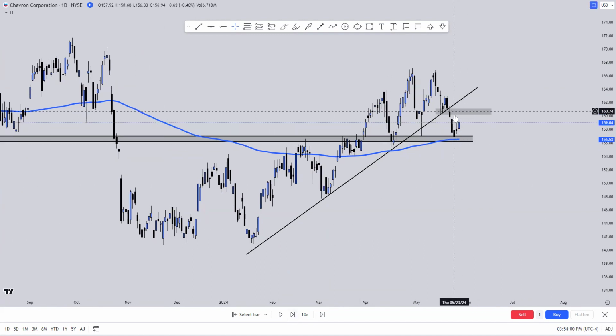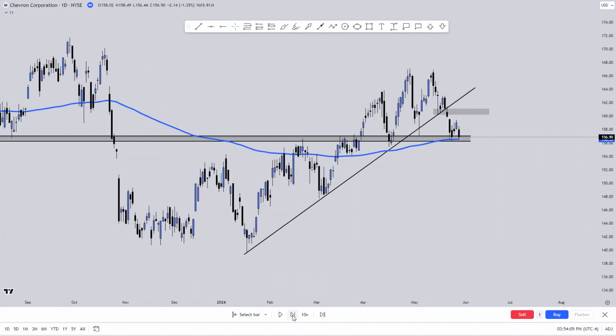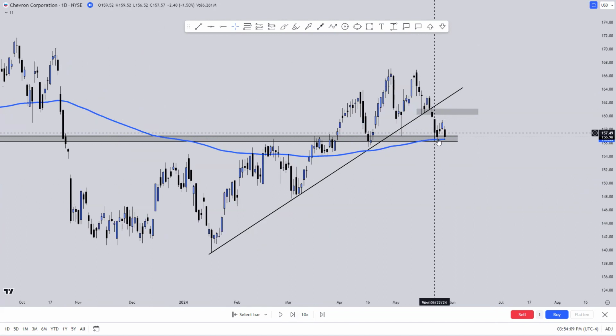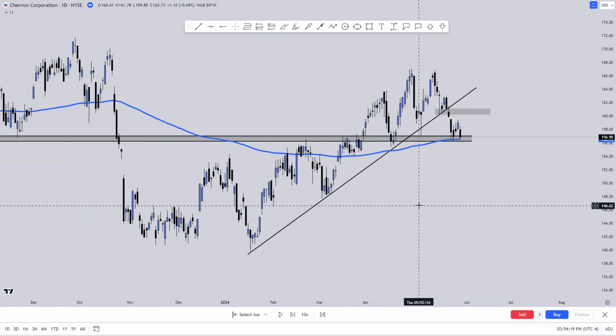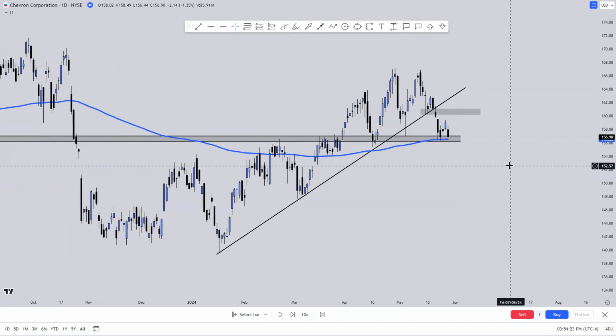We're moving up, so we would be in profit right there. And then we have a move down. So this is the thing, sometimes this type of stuff could happen before you get to your target. But as long as we're still holding the level, then the trade is still valid.